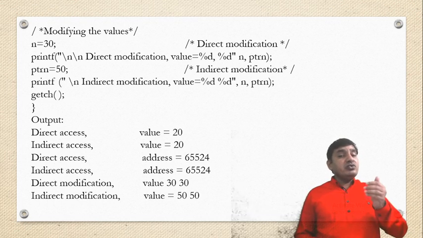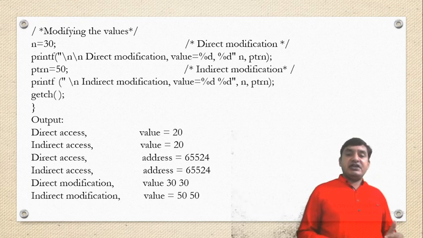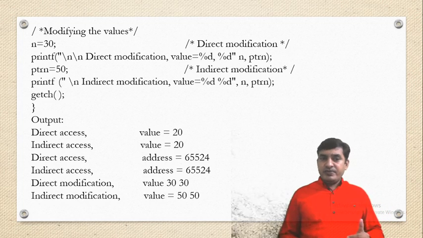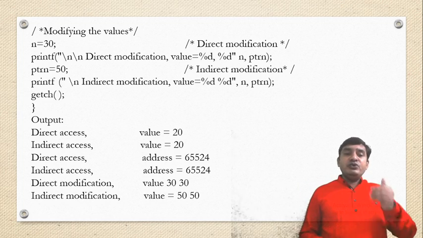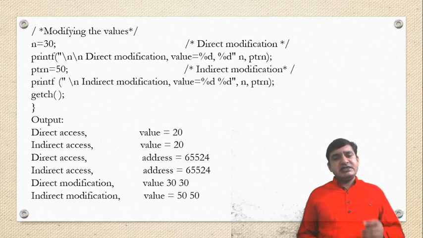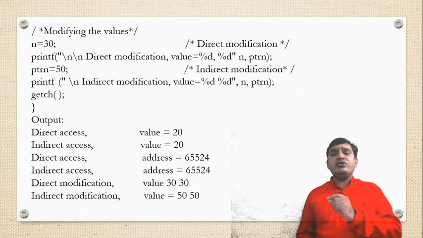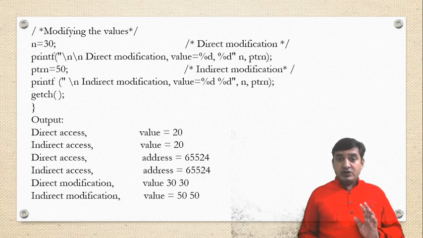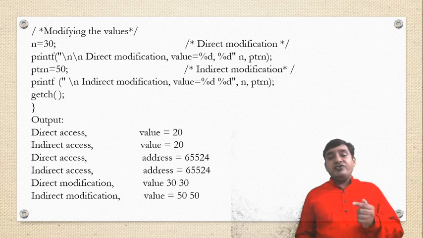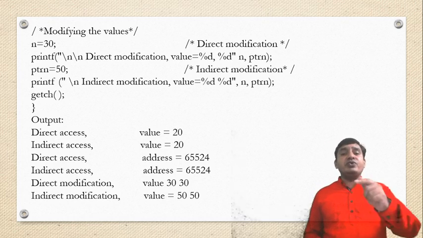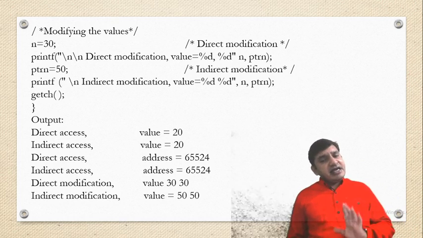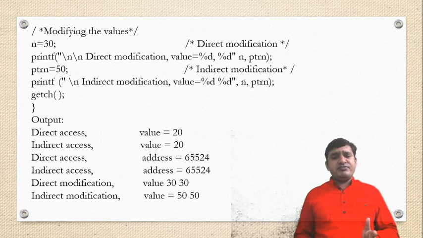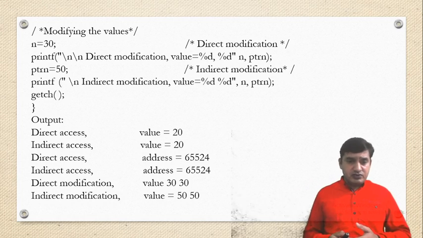Now we display the address, and by using direct access, the address is 65524. Here is the address at which the value 20 is saved. Indirect access address is again the same, 65524.